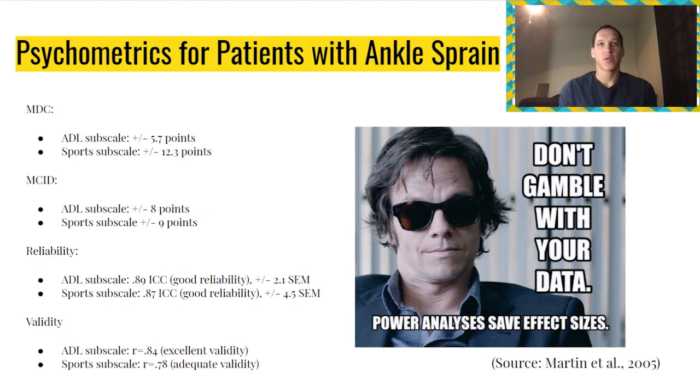Okay, so now we're going to talk about some of the numbers that Kendall alluded to earlier. To do this, we looked at an article from 2005 titled Evidence of Validity for the Foot and Ankle Ability Measure. This paper included multiple analyses for reliability, validity, and responsiveness, and was designed to provide evidence for interpretation of scores for both the activities of daily living subscale and the sports subscale.